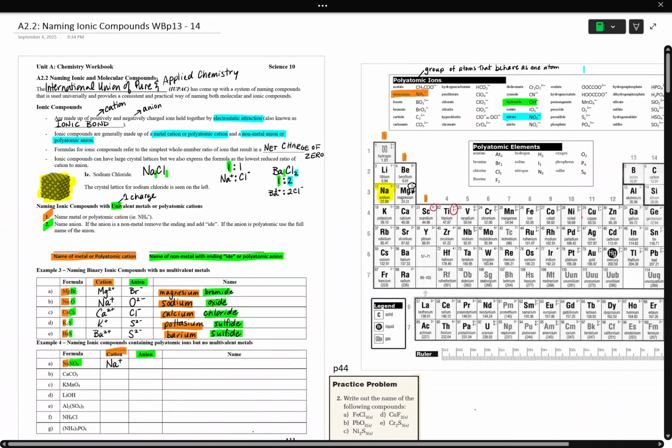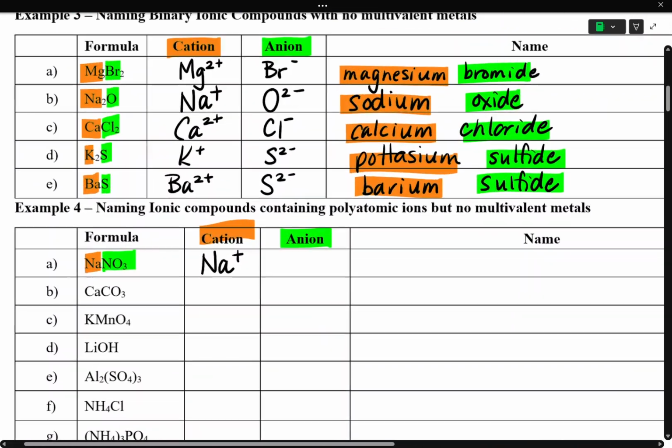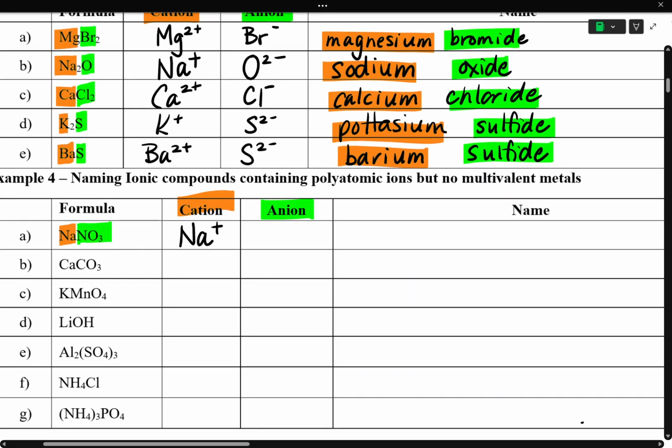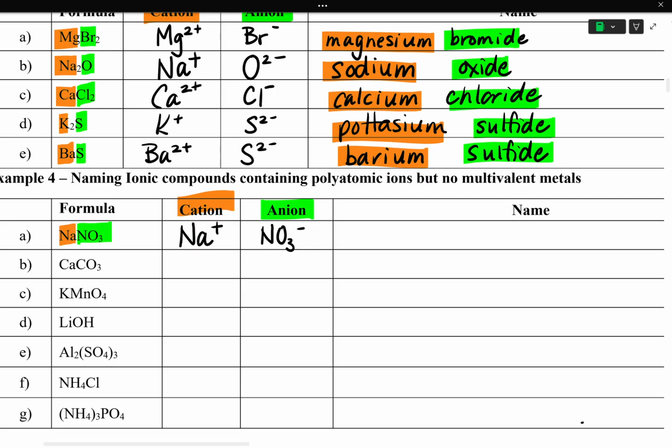So we'll go on over here, and this now becomes NO3 negative. And now we just write their names. Sodium nitrate. Okay, so again, cation goes first, anion goes second.